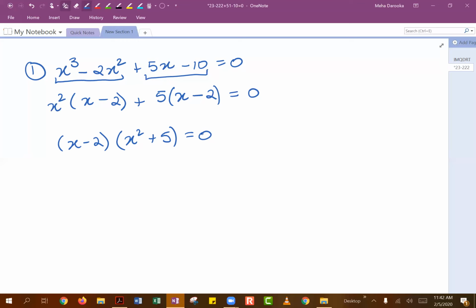So out of x cubed, if x squared is on the outside, we're left with only 1x on the inside, and out of 2x squared, this x squared is gone on the outside, which means you just have that 2 left behind. Keep the same sign from your middle here. And then between 5x and 10, of course, x is not common, so it's going to be the number 5. Take the 5 outside, and then 5 is gone, which means you're left with x. 5 goes into 10 2 times. You get your x minus 2 inside the parentheses.